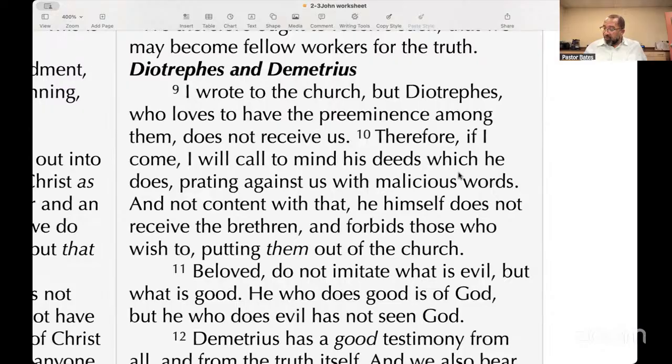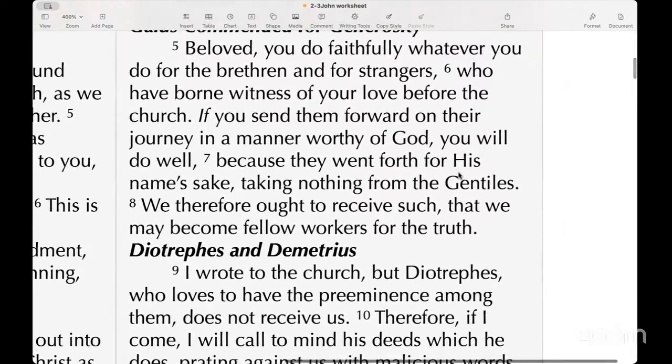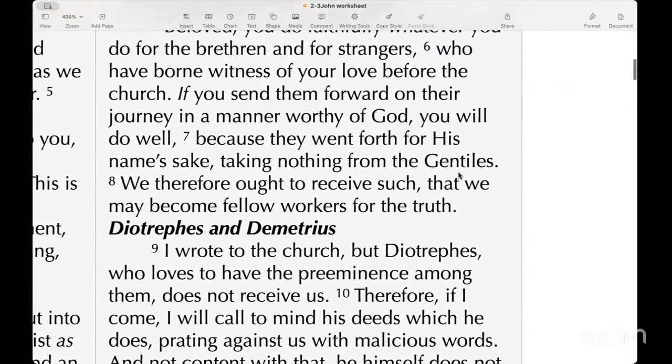So where's the first time we see a clear reference to it? Verse 6. Do y'all see verse 6 there? So that's one. Verse 9.